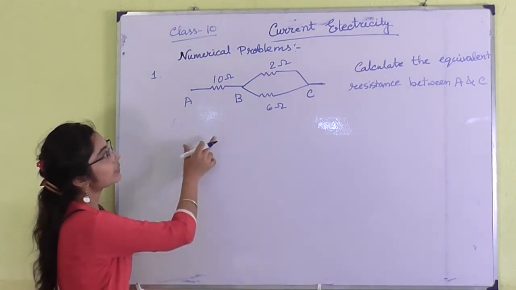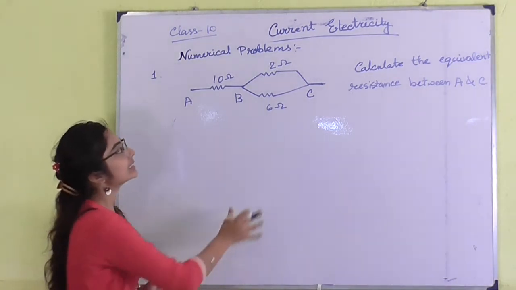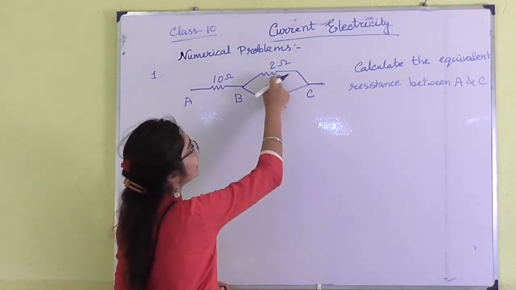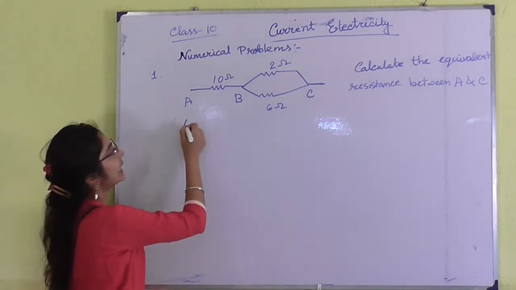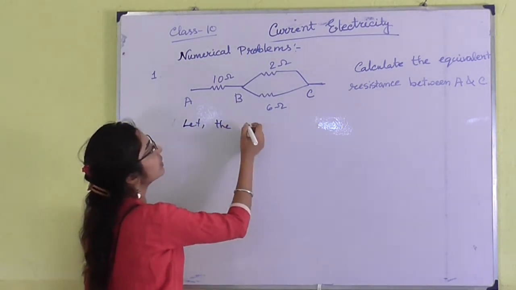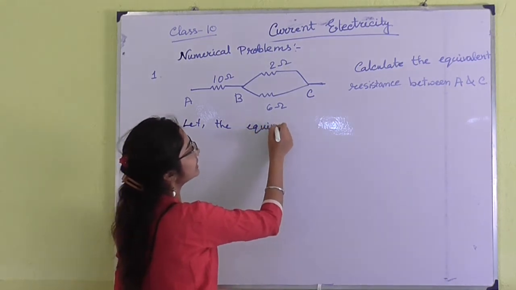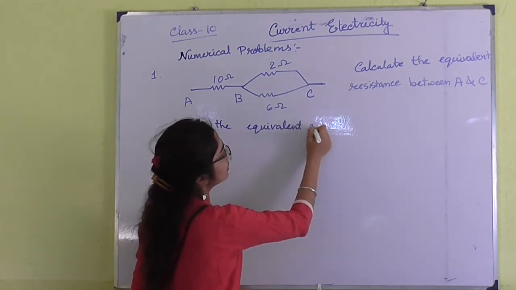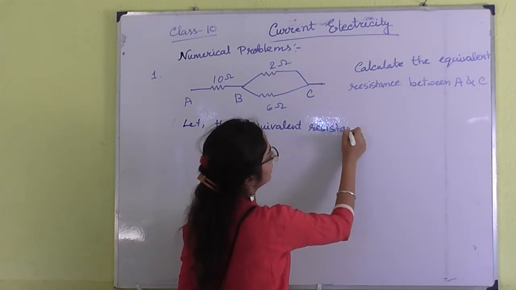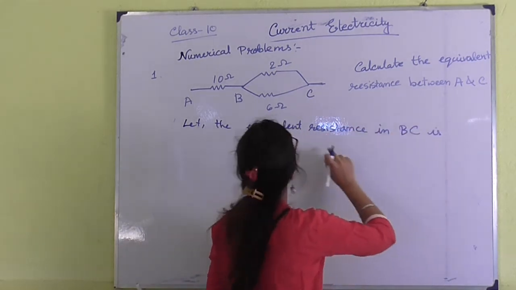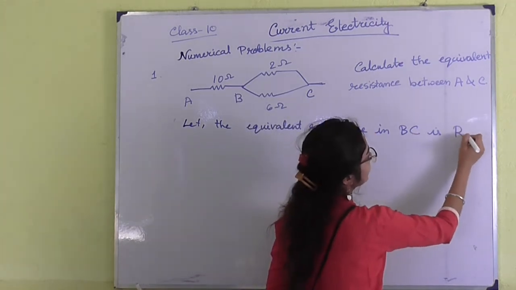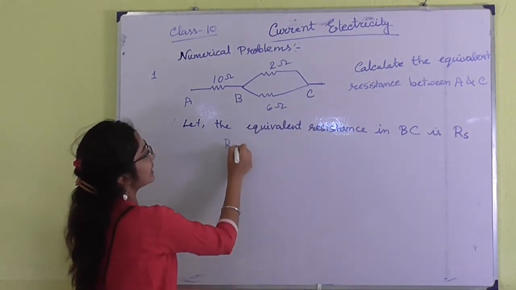Suppose we break the problem into two parts. Let the equivalent resistance in BC be RS.